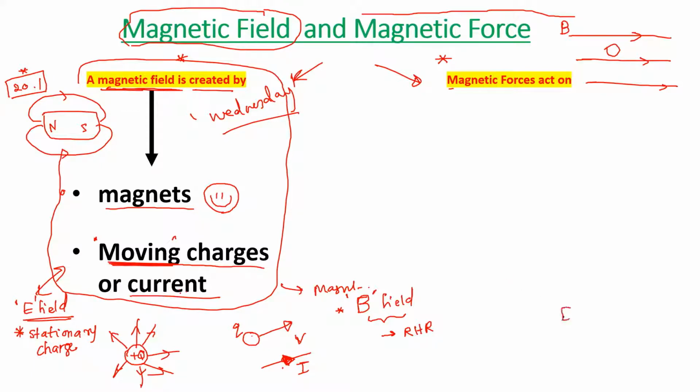If I compare with the electric field, we know in an electric field, if we keep a charge, there is a force acting on it, right? Q times E. So in the same way, what I'm asking here is, what do you need to keep inside a magnetic field for a force to act on this object?